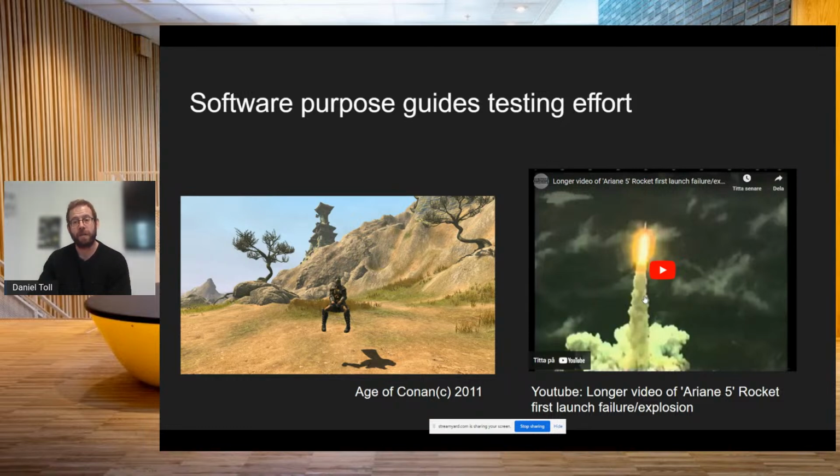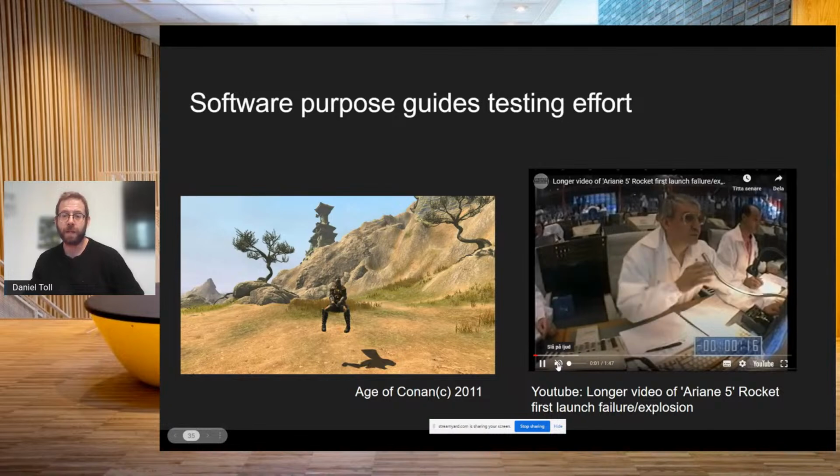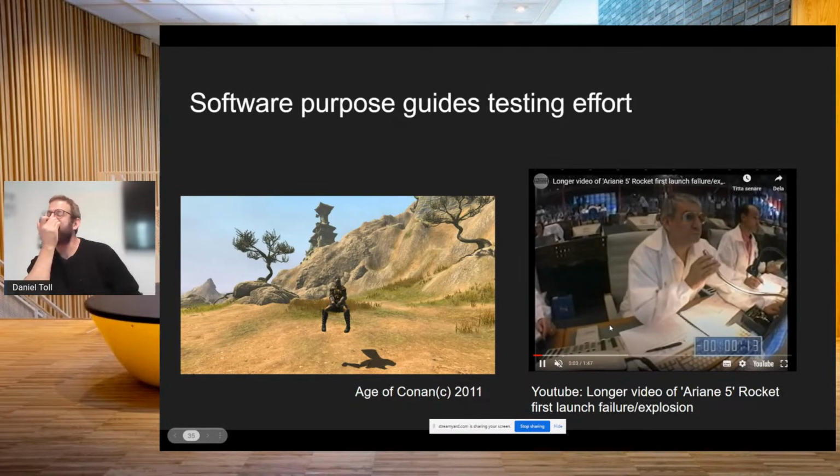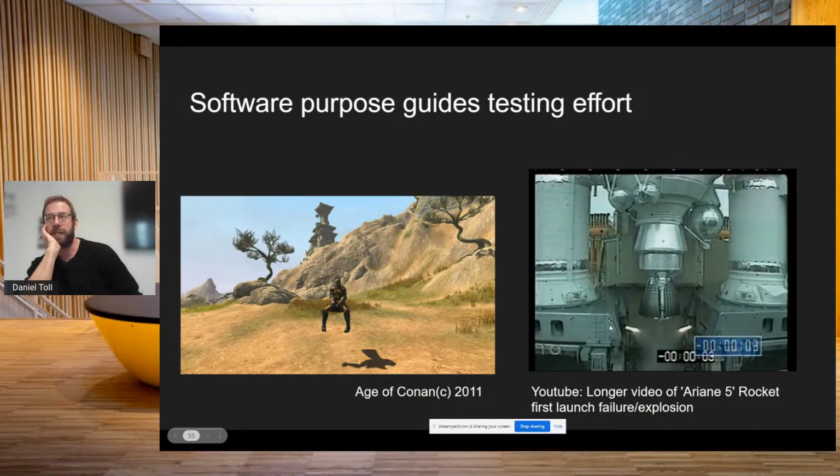Sometimes software is killing people, right? So we have had a number of tragic accidents, and this YouTube video is from launching, I think it was a satellite or something like that, but this is billions of dollars at least in money.